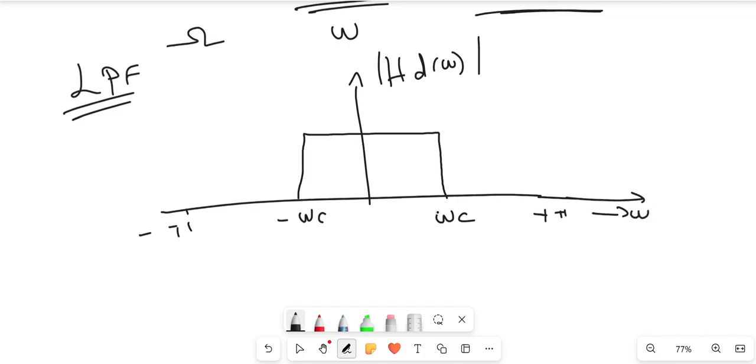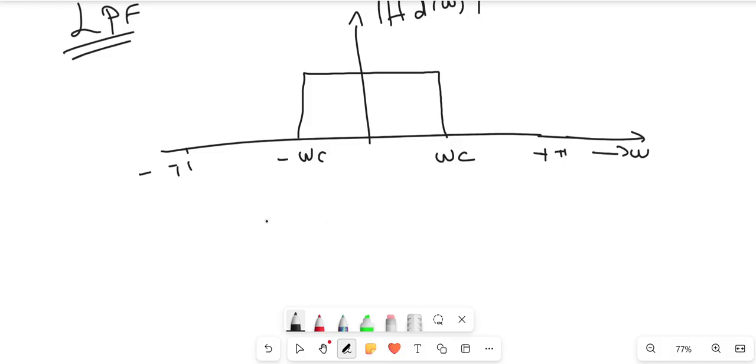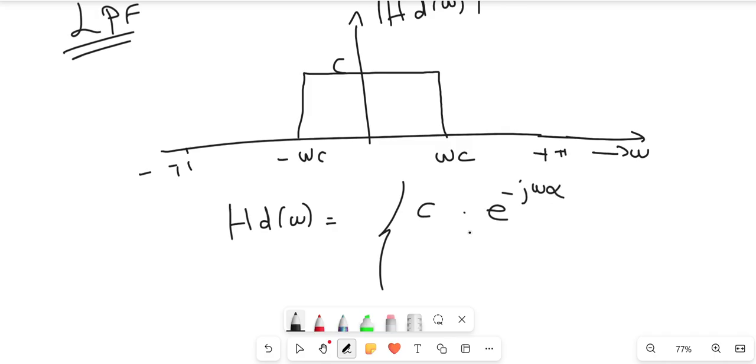So how can you write the desired frequency response for this? Hd of omega is equal to C into e power minus j omega alpha.